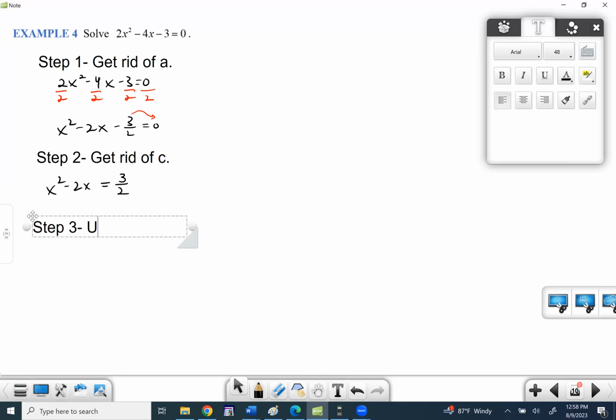Step 3 is use the add 1/2 b squared, right, to both sides and factor.